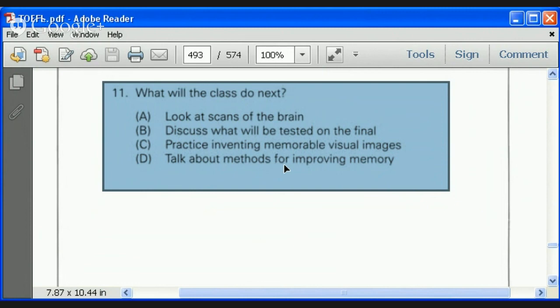IELTS is much more varied in the types of questions and the kinds of things they want you to be able to hear. TOEFL is quite straightforward. It may seem complex when you first look at it, but the fact is it's very, very easy. They just want you to understand the general idea and the basic points. That's it.